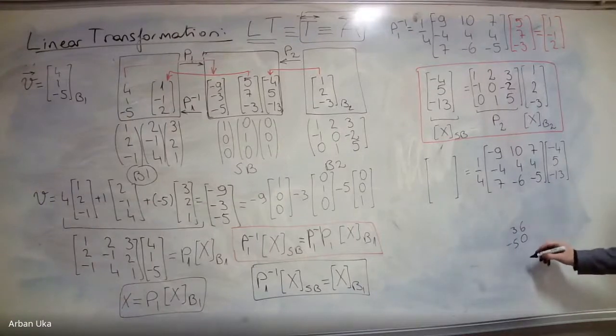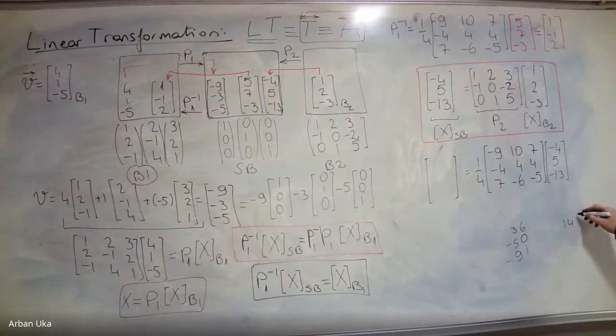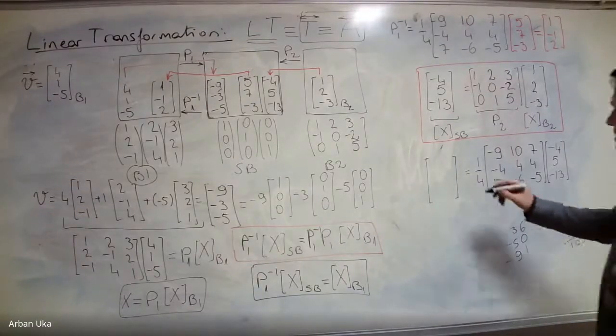Then here we have 1, minus 91, so this is 140, what is this? 141, minus 36, this is 105 divided by 4. Is this correct? Yes.